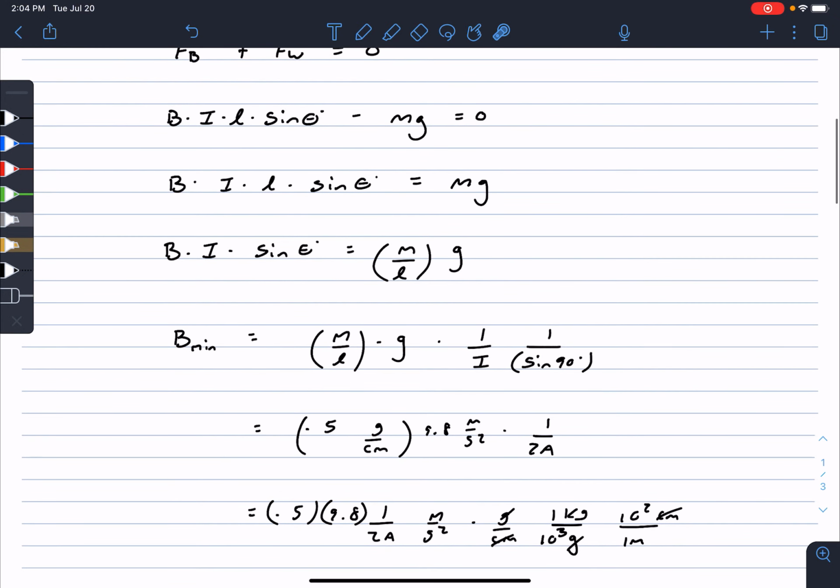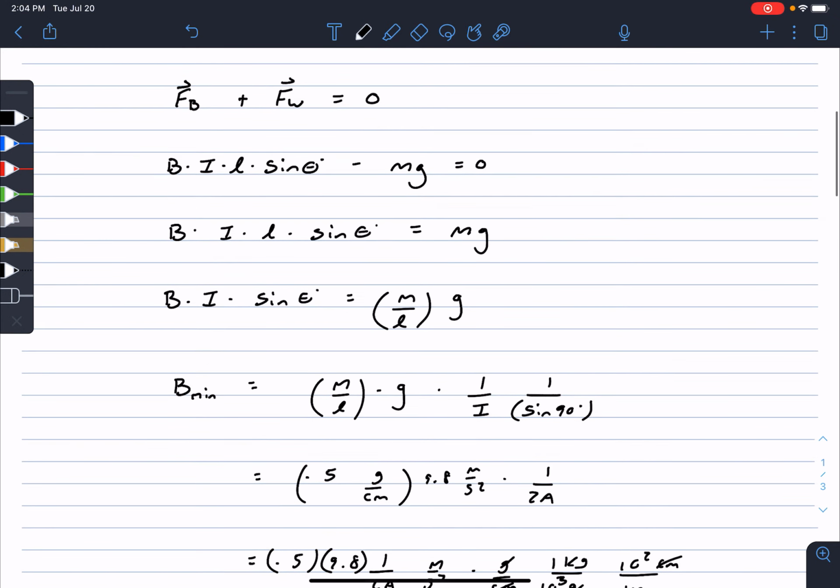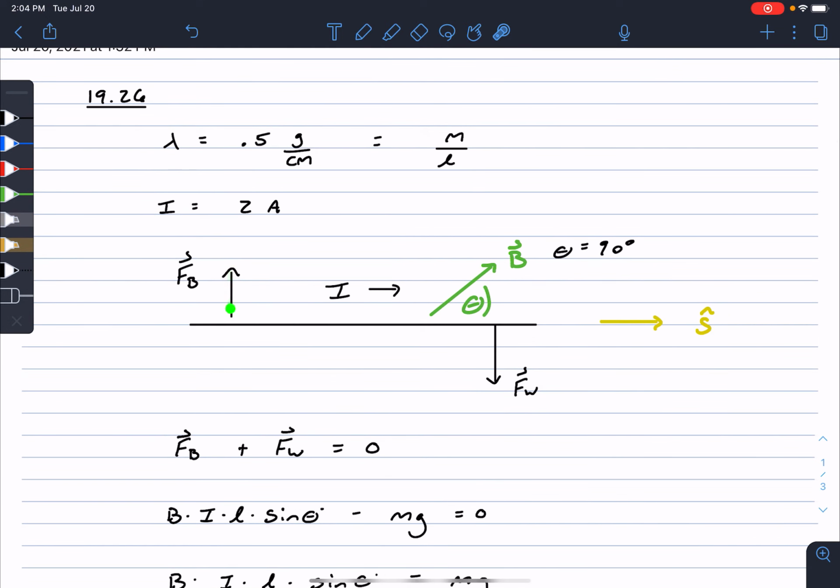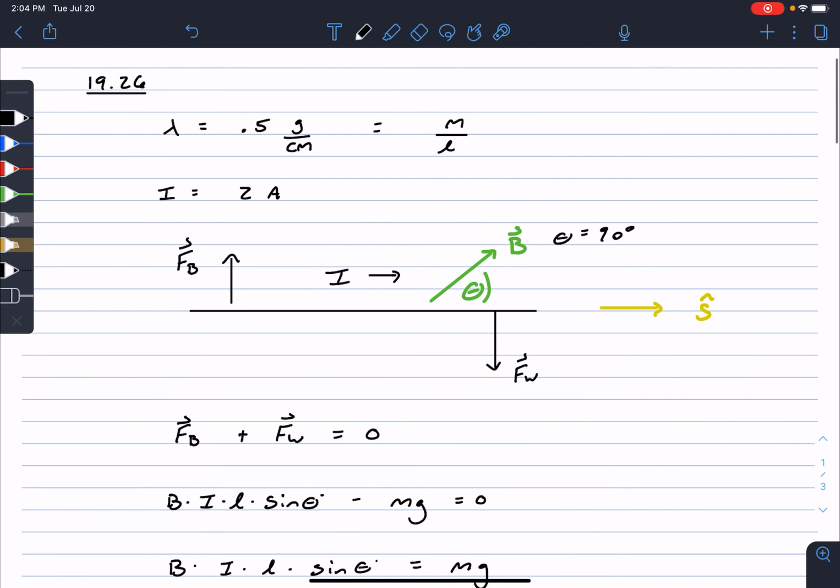Now the direction: since the force is upwards, the current is southwards, we would have F cross I, right? So this is going to be right hand, fingers straight up, and then curl this direction, which means that the B field would be pointing, actually, sorry, it'd be pointing that way, right?